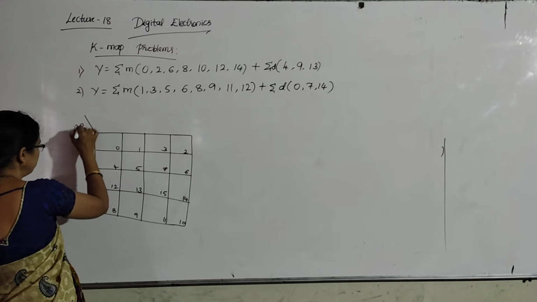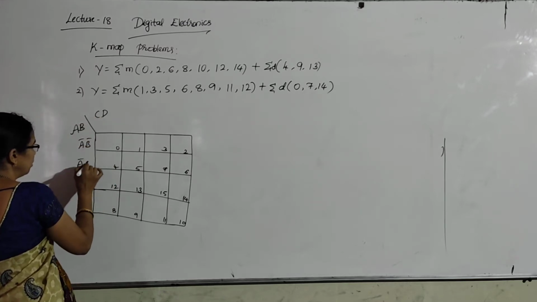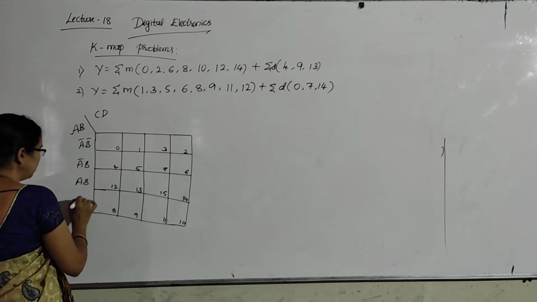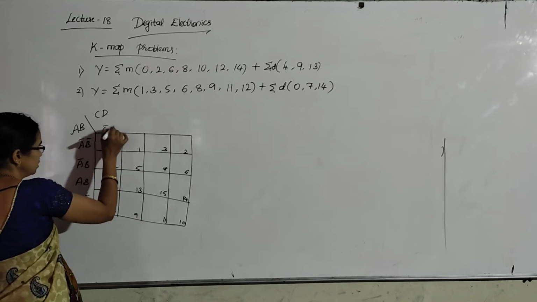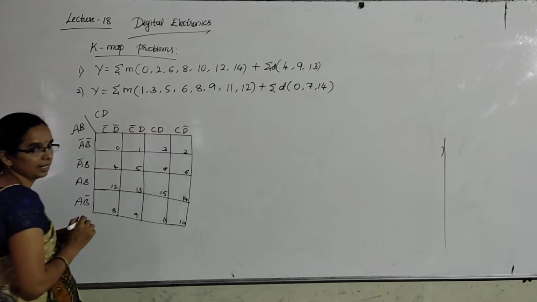Here it is AB and it is CD. A bar B bar, A bar B, A B and A B bar; C bar D bar, C bar D, C D and C D bar.